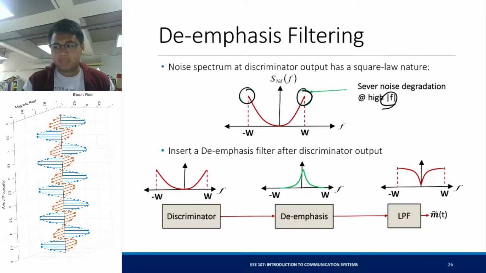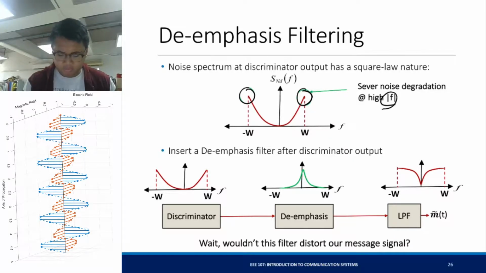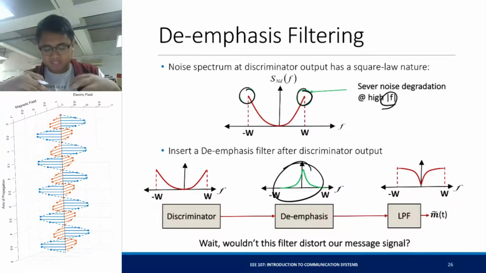But doesn't this introduce distortion to the signal? So it would introduce distortion to our message signal, of course. If you have this type of filter that does not satisfy the distortionless conditions, then what's the point of using a de-emphasis filter?